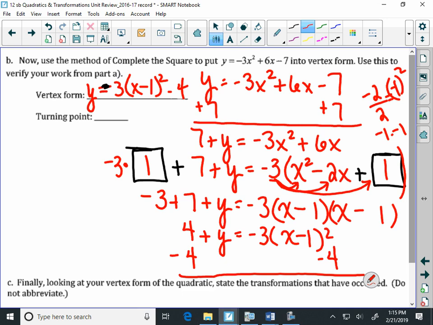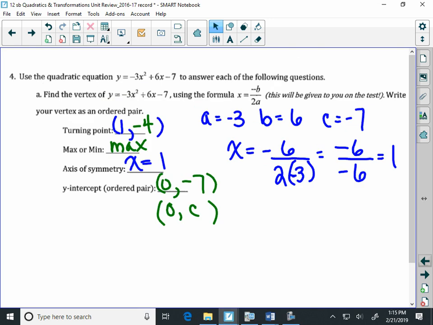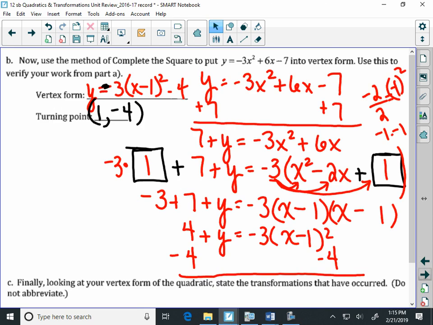And our turning point, well, change the sign. So negative 1 becomes positive 1. Keep the sign, negative 4. And as I flip screens here, you can just look on your paper. Does that match what we had before? And the answer is yes. 1, negative 4 for a turning point there. 1, negative 4 for a turning point here.